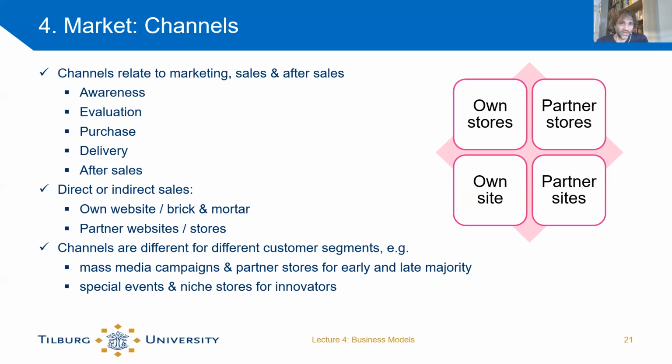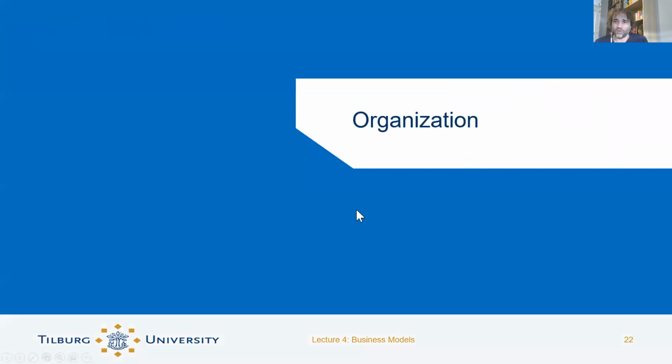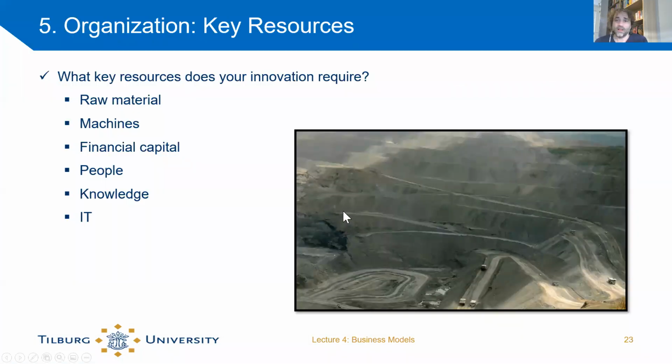So this is everything that relates to the market part of your innovation. And then we continue to the organization part of the business model canvas. Because, nice, okay, you have an innovation and you have an idea how your innovation will be a success and who your customers are, but now you also have to think about your internal organization.